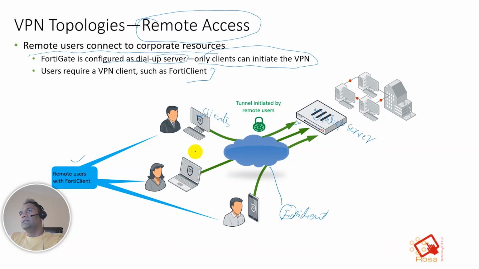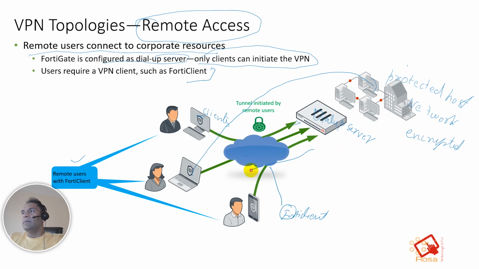So once these devices establish IPsec communication with the Fortigate and the tunnel is established, all the communication from the client to the backend server or the end protected device, we can say protected network or protected host, is encrypted inside a tunnel.